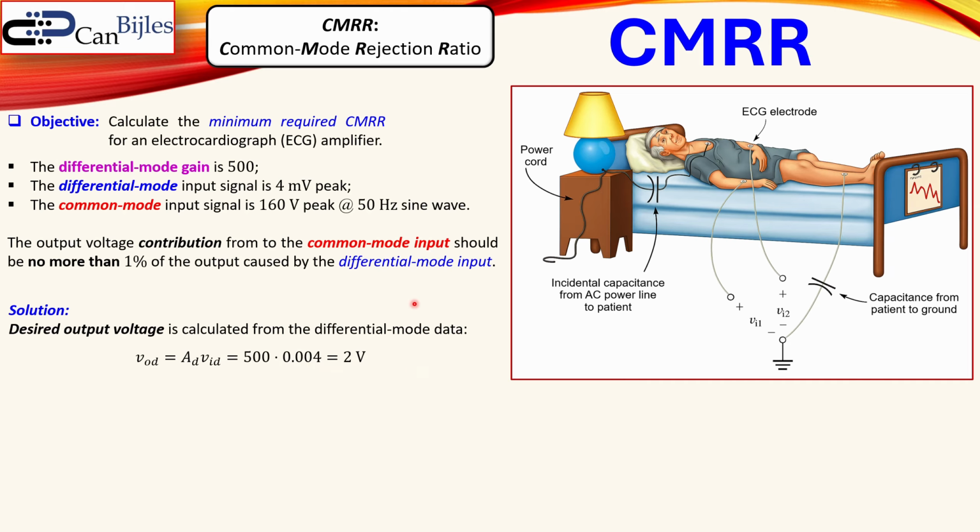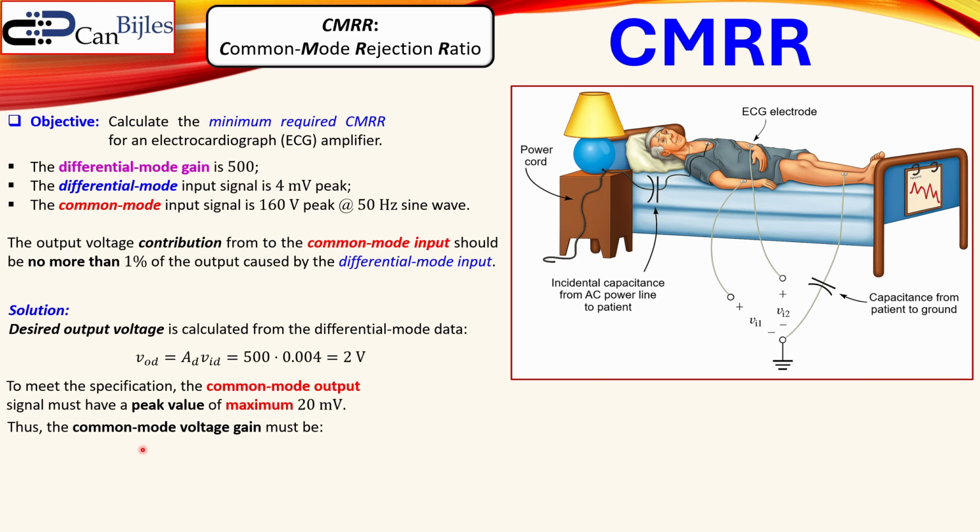But on top of that, we will have some common mode output because of this common mode input signal. And this should be no more than 1% of this 2 volts. That means 1% of 2 volts is 0.02 volts, or 20 millivolts. This is the maximum we want.